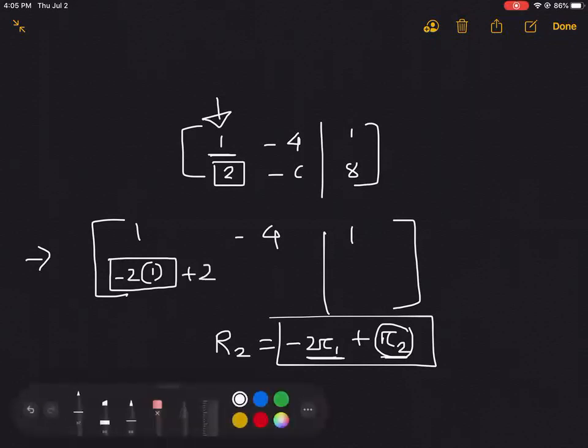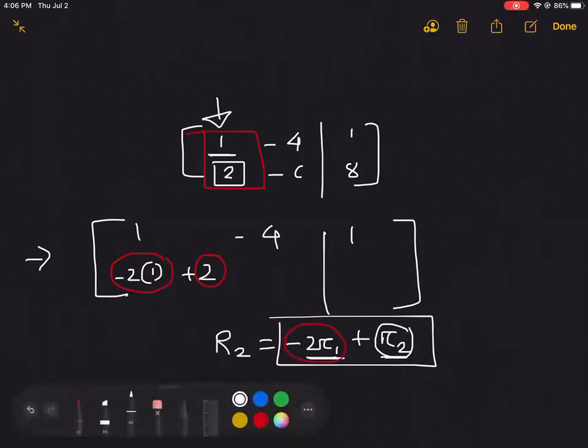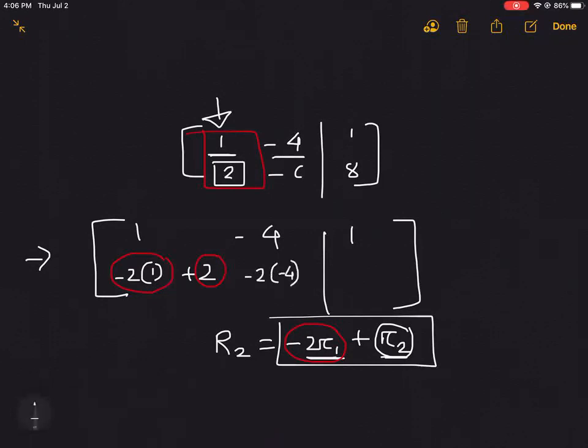So as you can see, we have multiplied the first row, that is 1, by -2, and we have added the second row. That's only done for the first element. We need to do that for the second element as well. Again, we'll multiply the first row by -2, so we'll take -4.